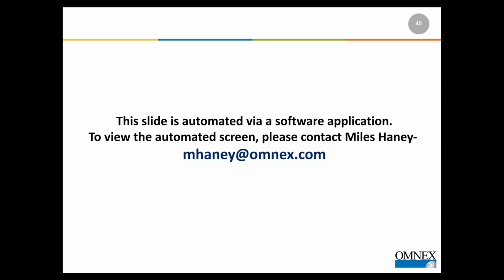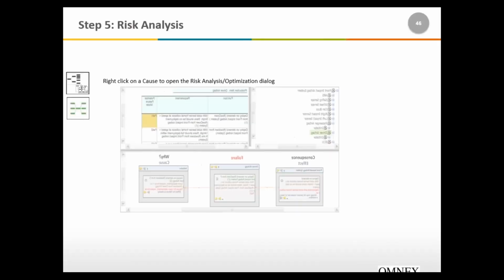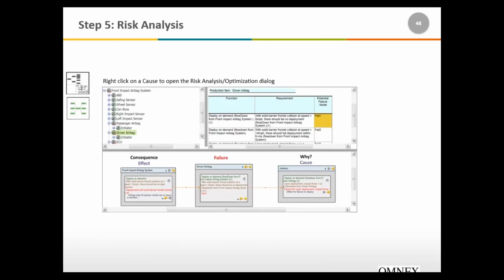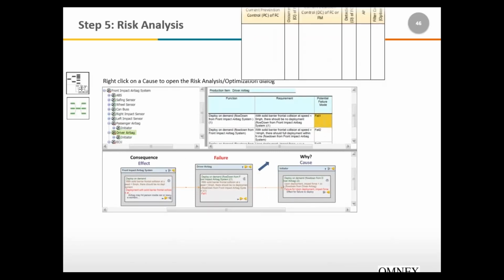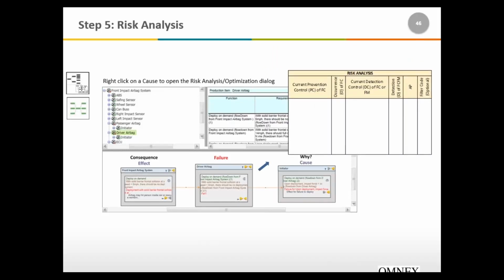Of course, there is a drop down, because for the initiator, the failure modes are in a product family failure mode, and so you then have the driver airbag having two failure causes in the initiator and one effect in the front impact airbag system. Go ahead, Greg. So, okay. Fifth step. Yeah, the fifth step is the risk analysis, which essentially is what are your current controls as you're doing it.